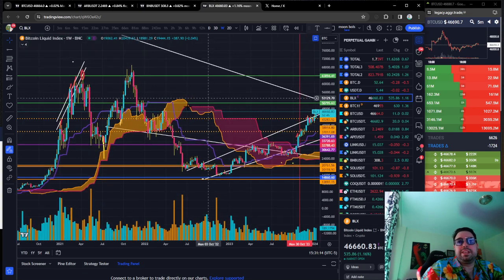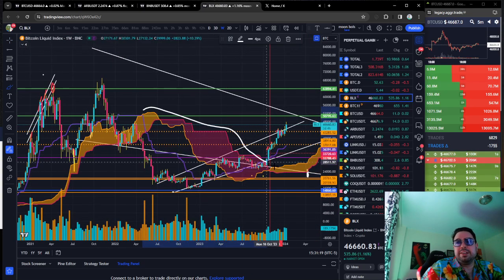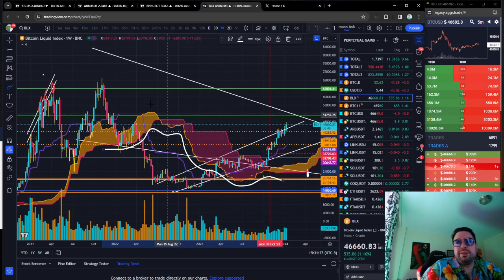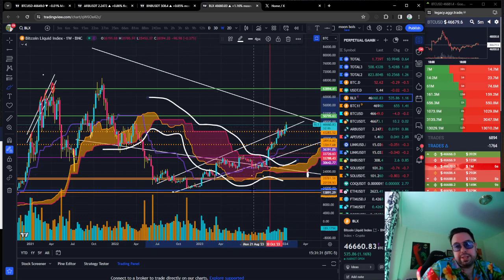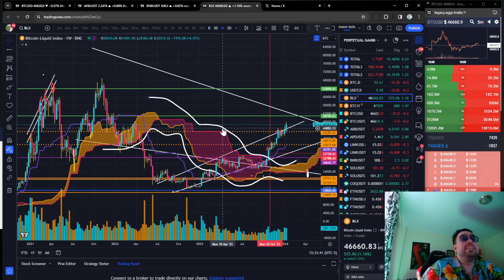If you're above the Ichi Cloud, you are bullish, and being above is anywhere above that area over here. And if you're below the Ichi Clouds, which is this area right here, you are bearish. In the middle of it, as I like to always say, you are in the cloud, and you should see it as turbulence.